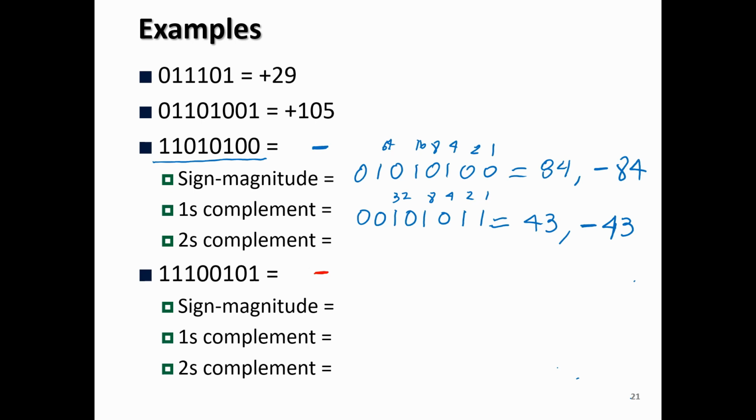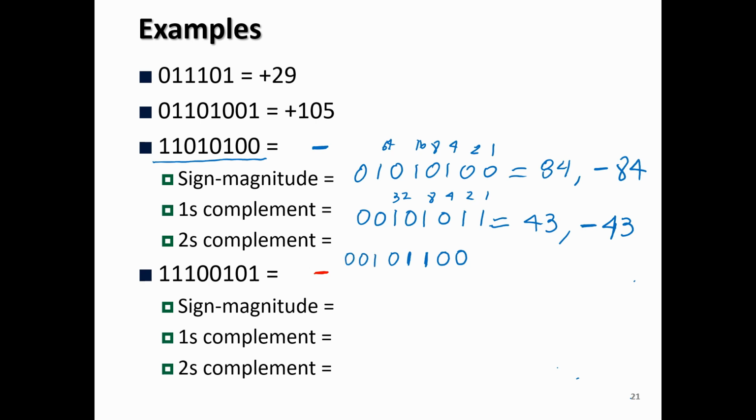Okay. In the case of the twos complement, remember we're using the shortcut. Okay, so we copy the zeros starting from the right. We copy the first one that we encounter, and then we invert after that. So 1, 0, 1, 0, and a 0.